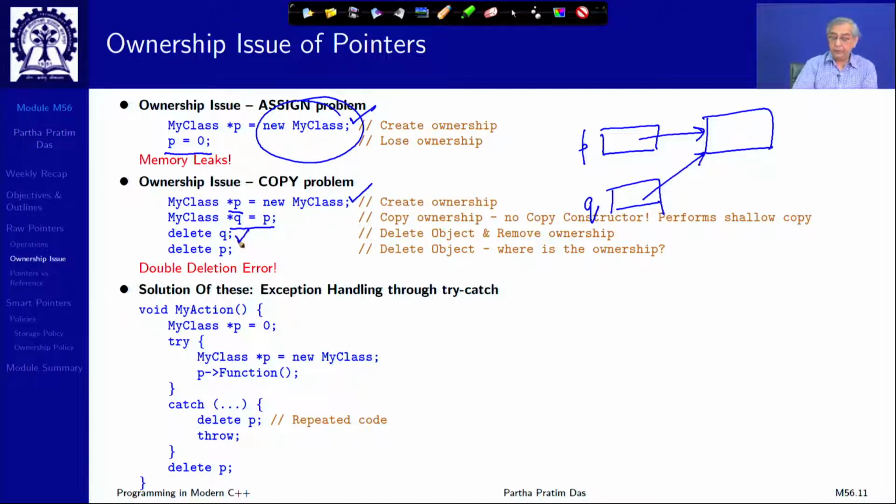Now I delete Q. It means that I actually delete that allocated object. So unknowingly, when I do delete P at a later point of time, the object is already not there. So I get into a double deletion error, and it gets more complicated when I have them in a try catch kind of environment.